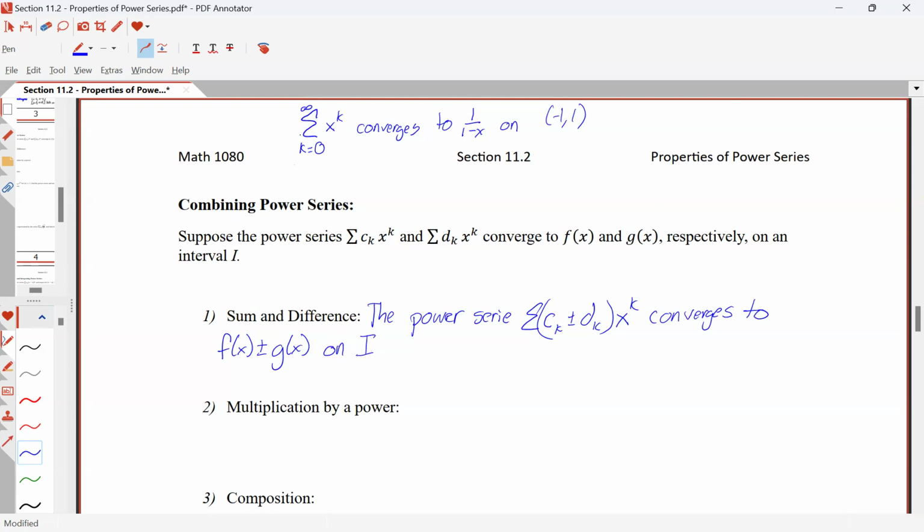So like if I took this series and added it twice, well, very basic to see, the sum k equals 0 to infinity of x to the k plus x to the k, or 2x to the k, would be equal to 1 over 1 minus x plus 1 over 1 minus x, or 2 over 1 minus x on the interval -1 to 1.